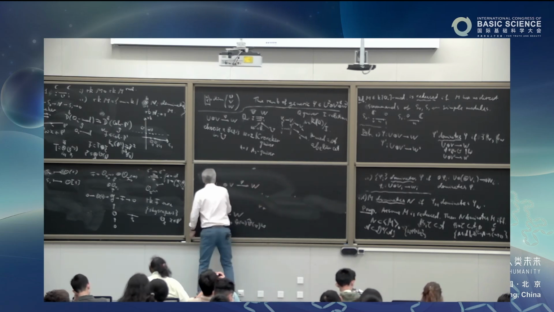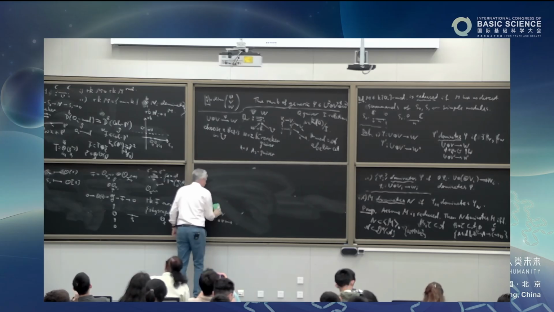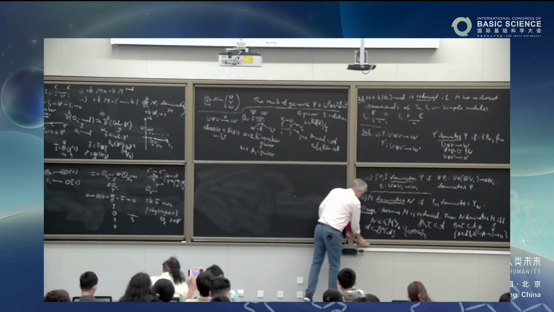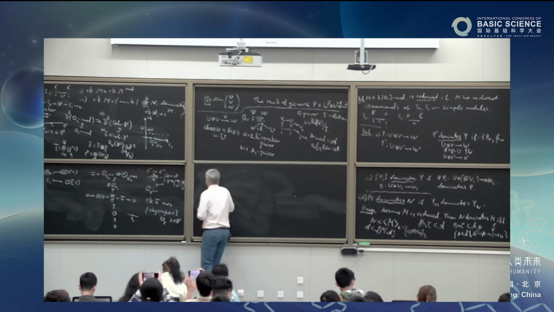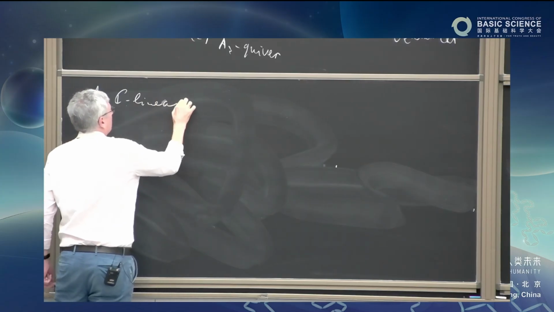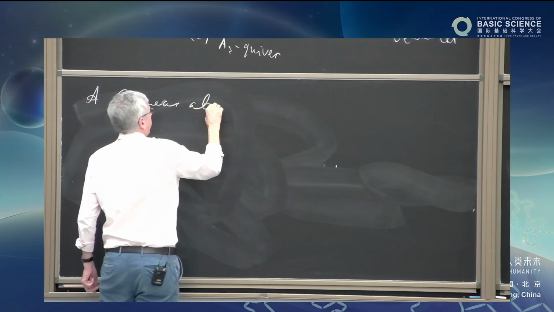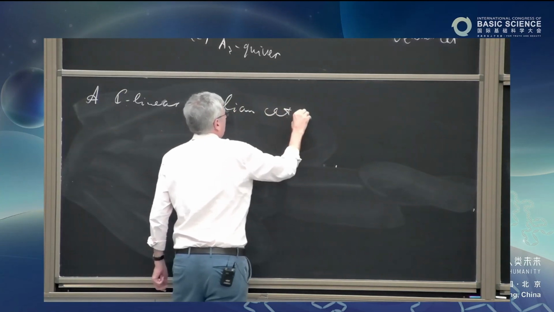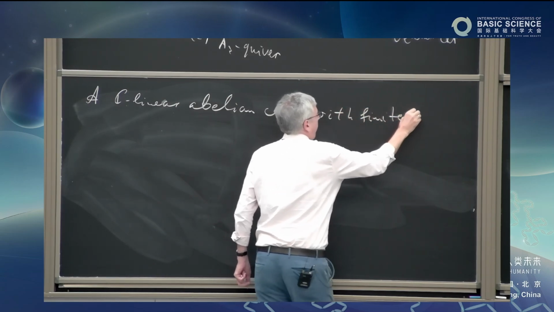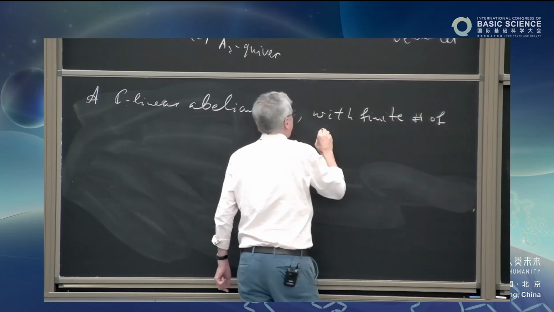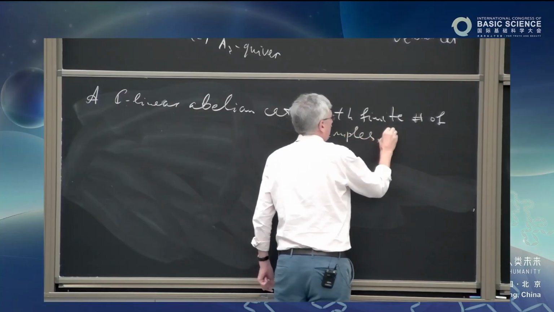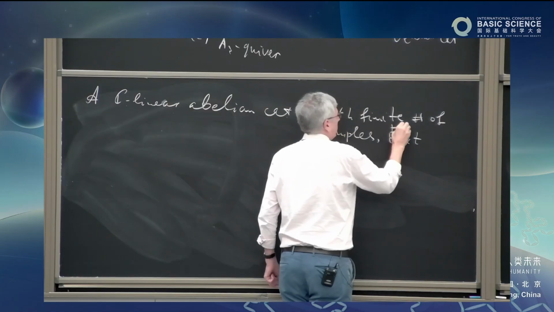So now I would like to consider an arbitrary quiver. Actually, one can consider something more general. Say A is an abelian category over C, C-linear, with a finite number of simples, and Hom and Ext^1 finite.